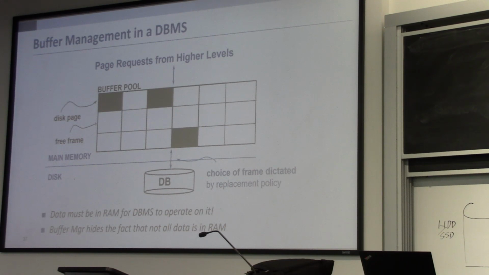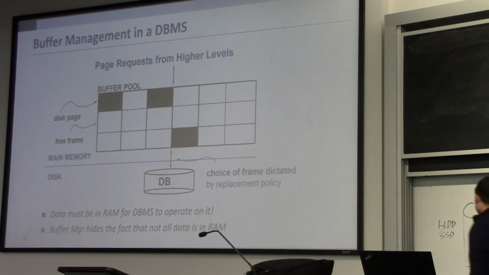And then this is your RAM, your memory. And inside your RAM, you allocate some space for your buffer. So suppose this is your buffer. Obviously, you cannot use all the available memory space for the database buffer because you have to reserve some space for the operating system, for other applications running on that machine, right? So you use some of the space from your memory as the buffer, and the buffer is partitioned into pages or frames.